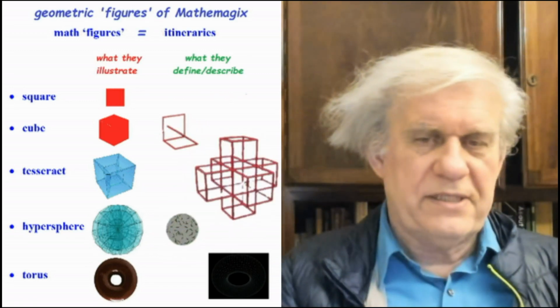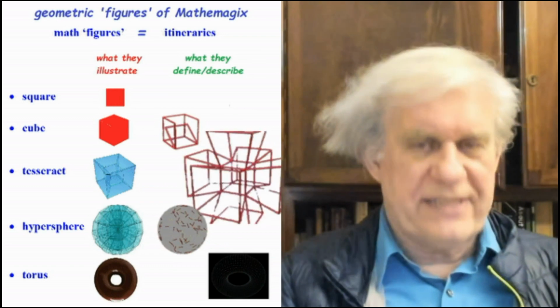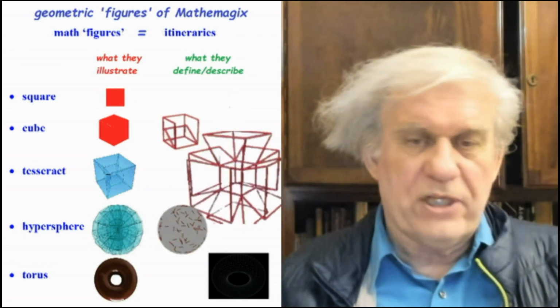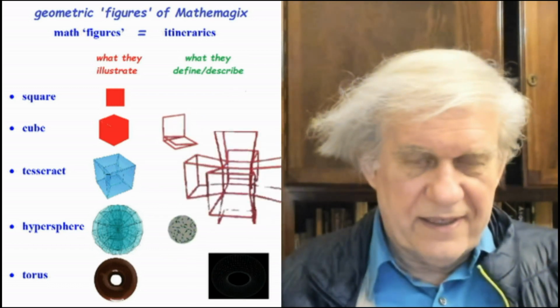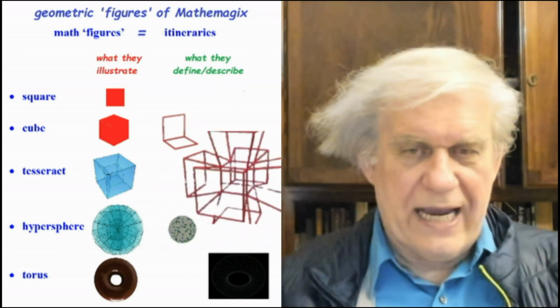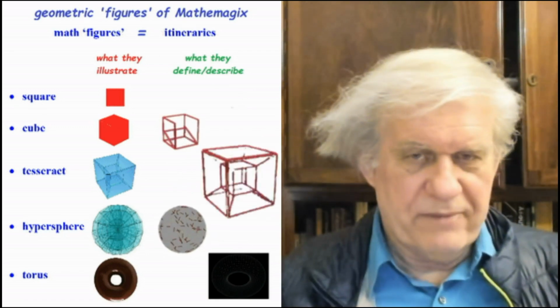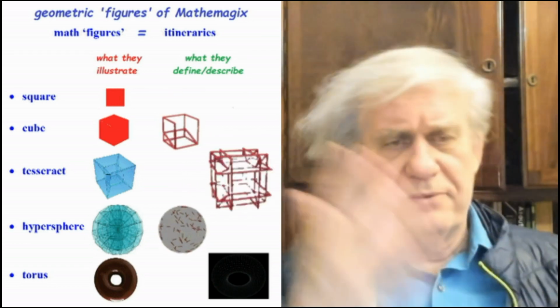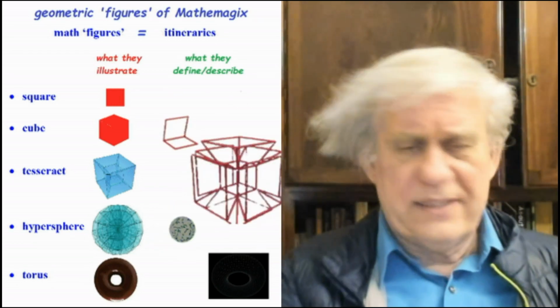So not one of these so-called figures is a static figure. Not in mathematics. In the religion of mathematics, they're all built. They're all constructed. Constructed takes time and motion. All of these have time embodied in them, whether you like it or not. People look at the final product and say, well, that's a square, it's not moving, there's no time involved. That's a cube, there's no time involved.